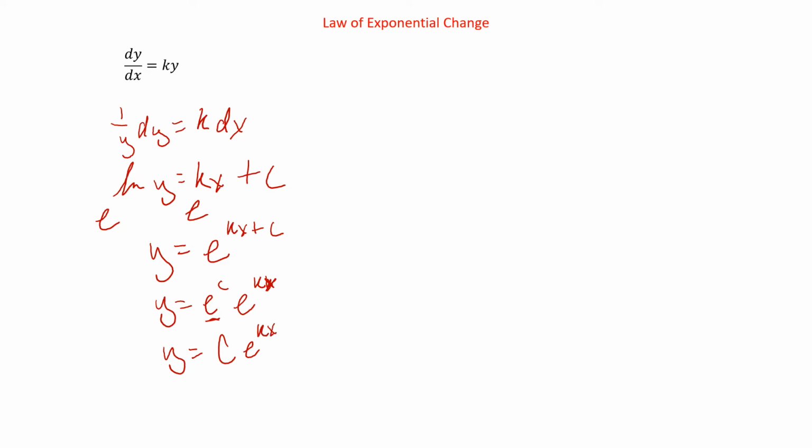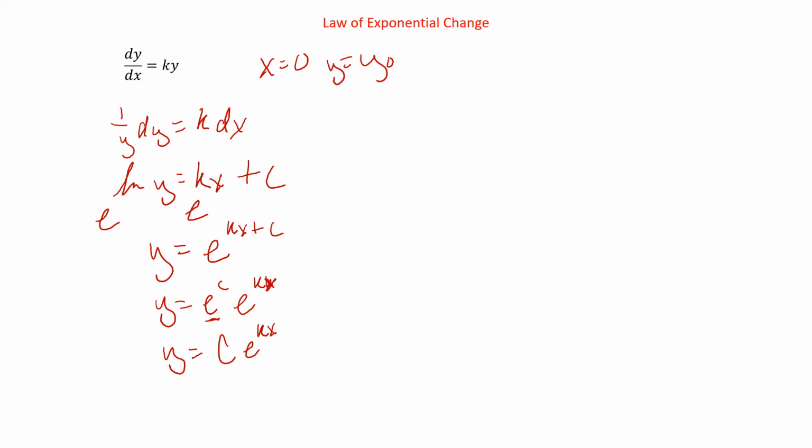So y equals c e to the kx. Now, if we wanted to plug in a point, we don't have a point right here, but when x equals 0, y will equal y naught, which is the starting amount.